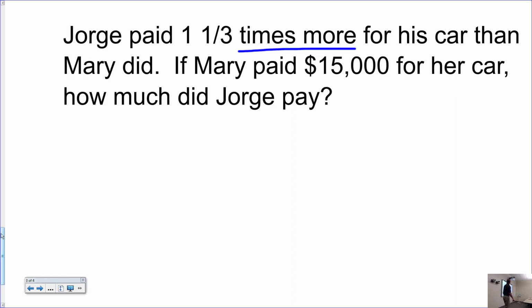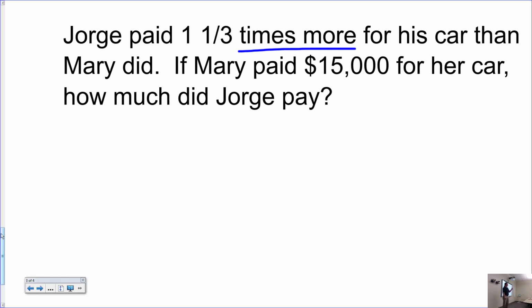Jorge paid 1 1/3 times more for his car than Mary did. So, yes, you're going to have to multiply 1 1/3 times something, but that's the more amount. So if you actually want to know what Jorge paid, you're going to have to take his more amount plus Mary to get you to how much he paid. Okay? That's the difference between saying he paid 1 1/3 times as much and 1 1/3 times more. And again, it's a very subtle difference.